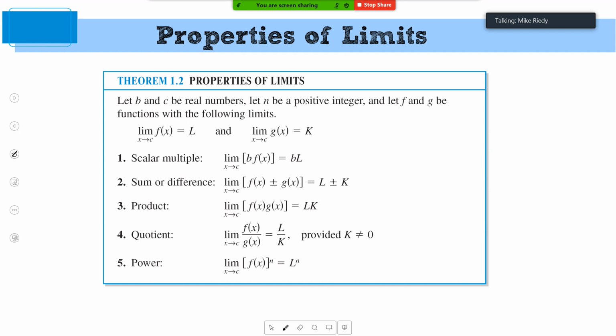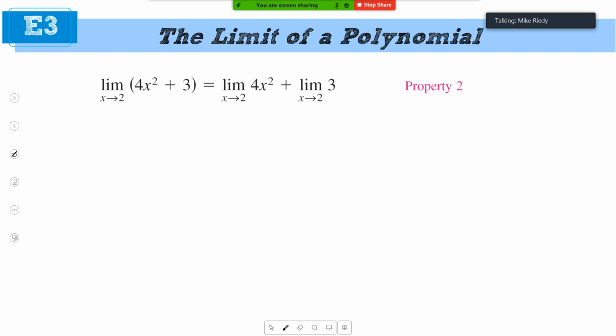And again, don't write the following down, but old school, we used to have to solve limit problems this way. You would take the limit, and you'd have to demonstrate, oh yeah, I know that the limit of a sum is the sum of the limits, so I break it down into those two. Then I'd look at the first one and say, okay, wait, I also know that the limit of a scalar times a function is the scalar times the limit of the function, and break it down that way.